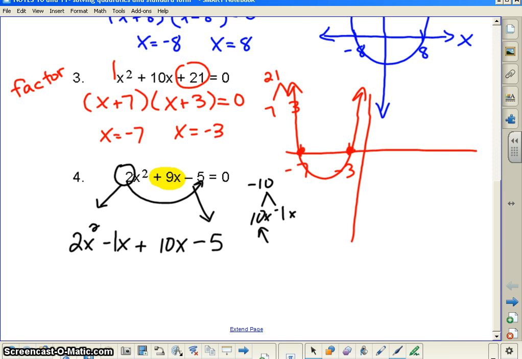Just in case you forgot, these two numbers here, negative 1x and 10x, add up to be 9x. All we did is replace them. Now we're going to pull out the common factor of 1x right here. So x times 2x minus 1.